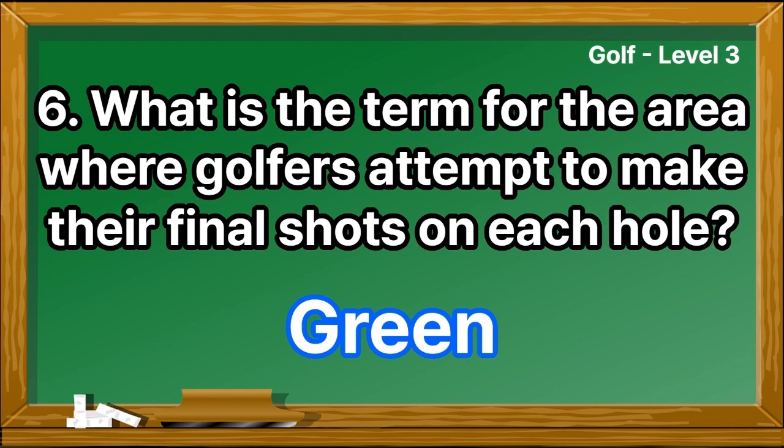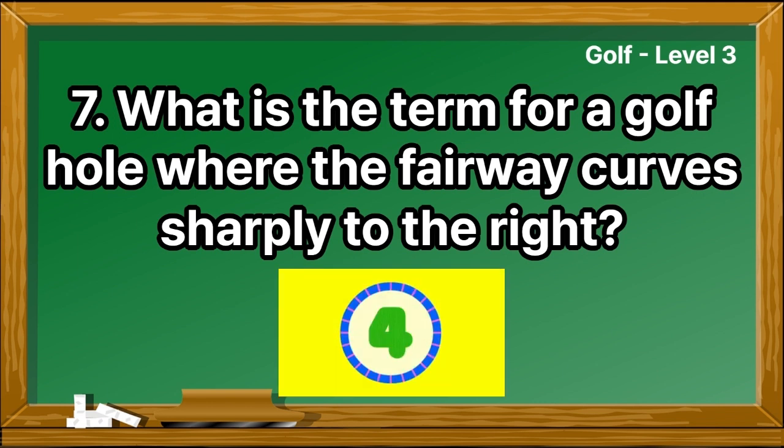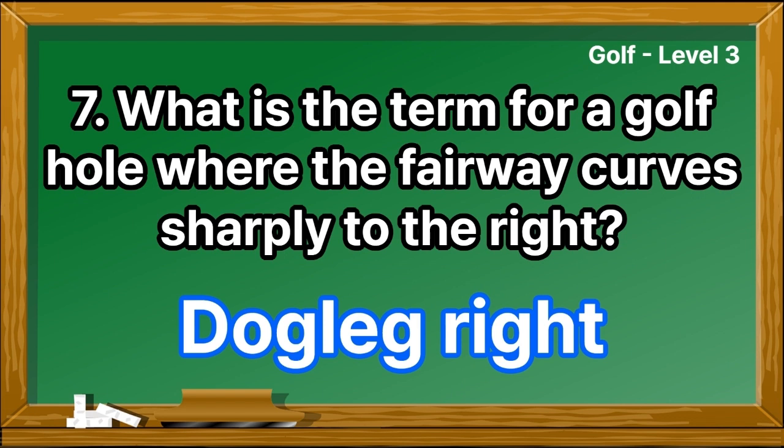Green. What is the term for a golf hole where the fairway curves sharply to the right? Dogleg right.